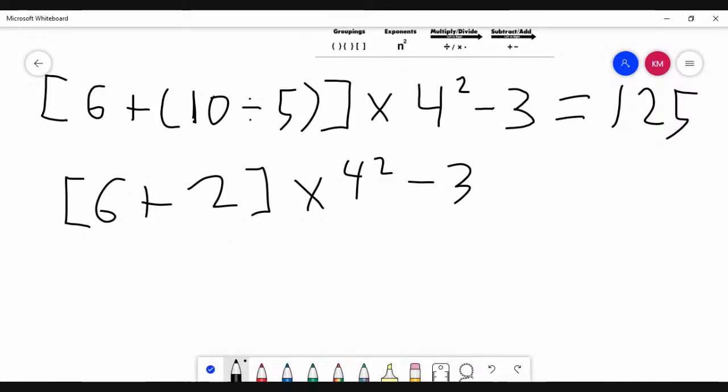Next we have parentheses again, 6 plus 2. 6 plus 2 is 8 times 4 squared minus 3.